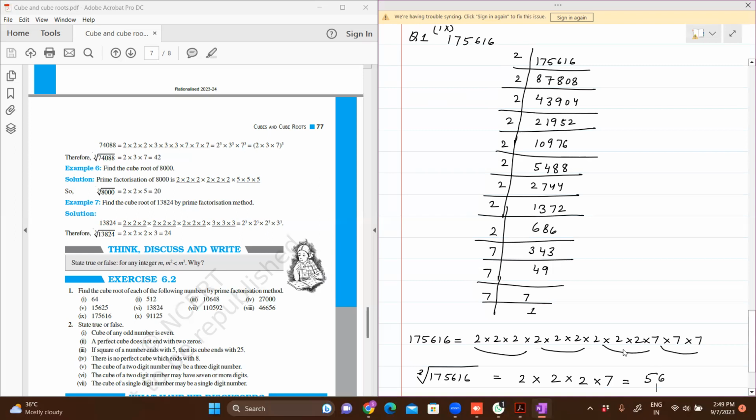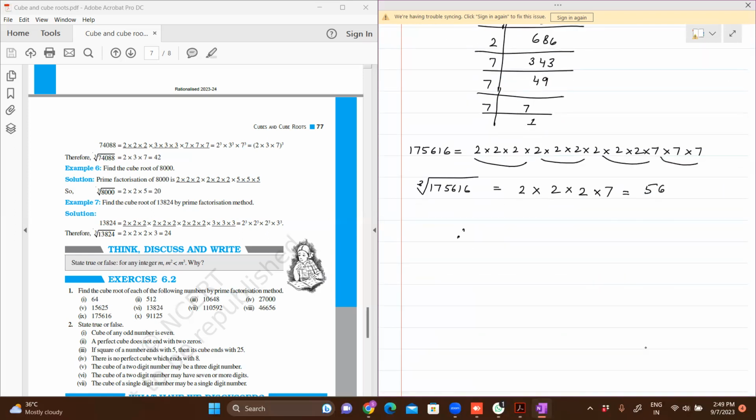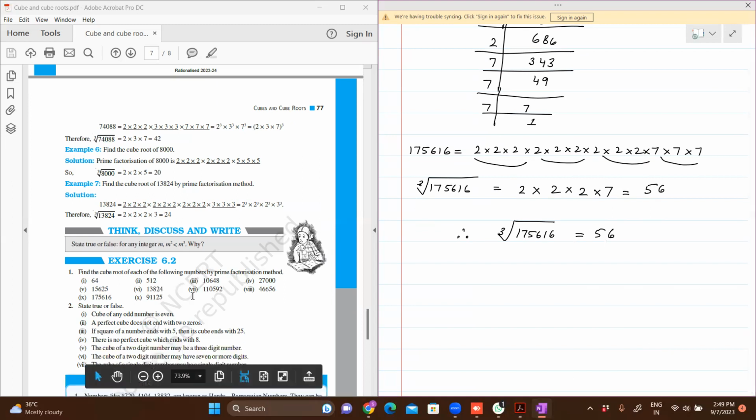So therefore the cube root of 175616 is 56. This is the only way to find the cube root: find the prime factorization of the number and then just make the groups.